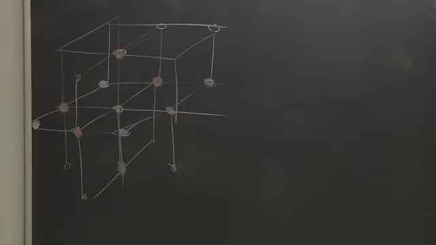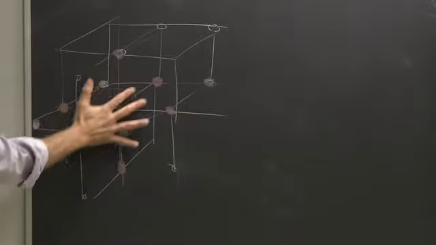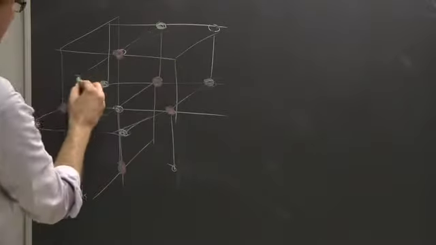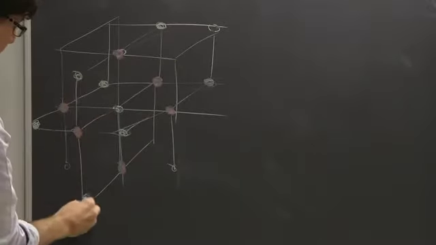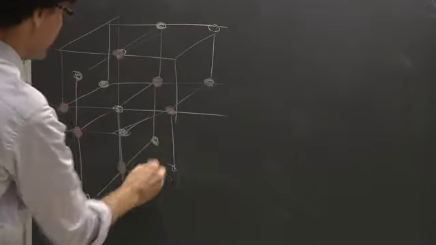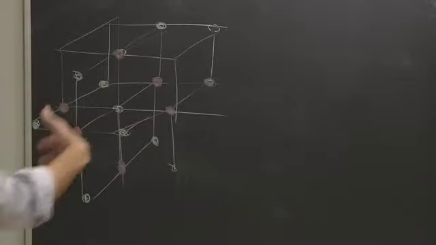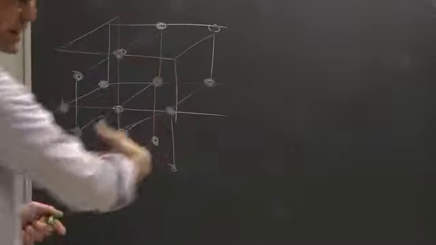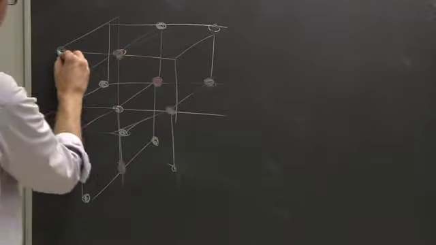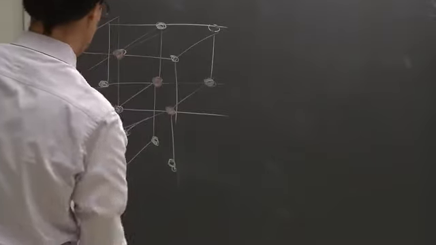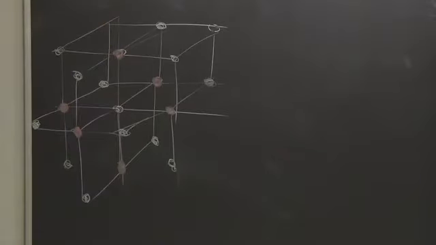I can do the same exercise if I take the yz plane, and I will have this one, this one, this one, and this one. They are also at distance square root 2. Finally, I can do it for the xz plane. And I have this one, this one, this one, and this one. Right? So it's a total of 12.